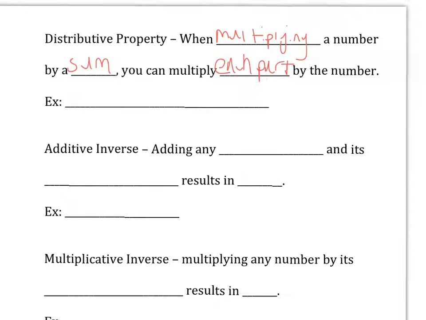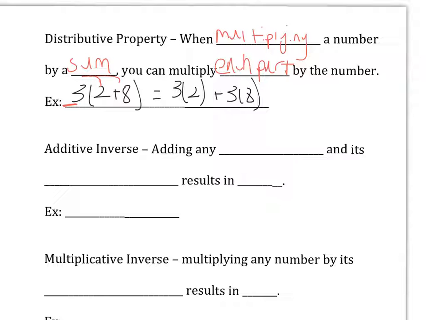So an example would be 3 times the quantity 2 plus 8, and that's equal to 3 times 2 plus 3 times 8. So I'm just splitting it up, drawing an arrow and multiplying my first term by each term inside the parentheses.